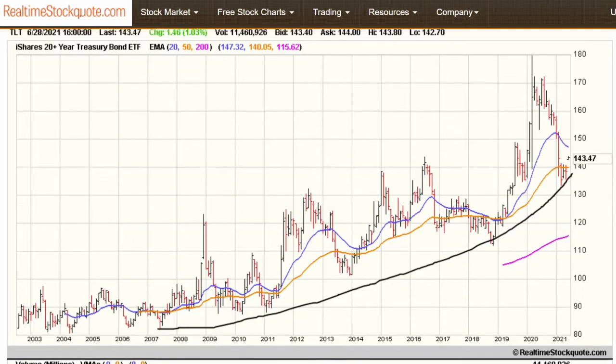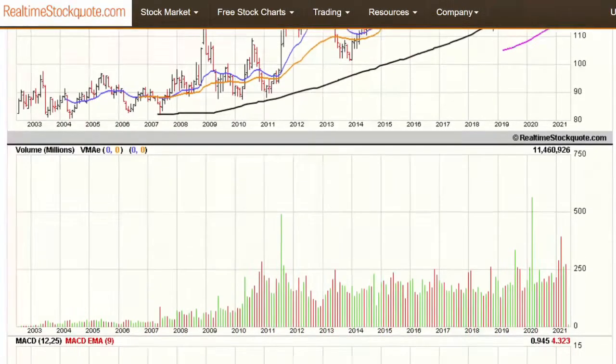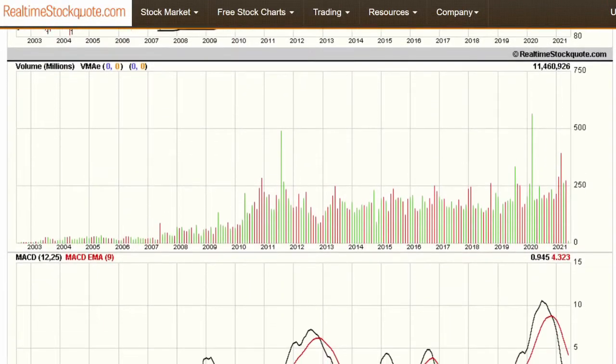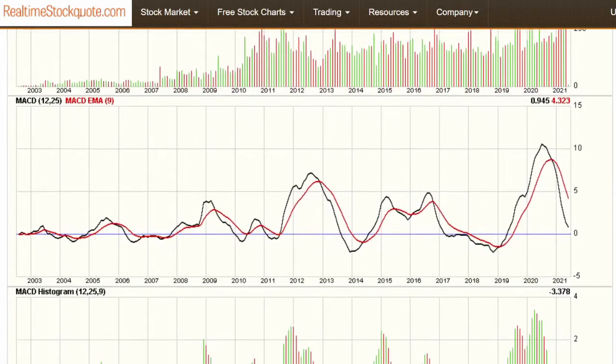Let's go down here into the MACD. Volume looks fine. It's got a pretty good increase going on, so that's good. But into the MACD, you can see the separation between the slow line and the fast line, and that is sort of the inverse of the separation of the 10-year yield of the fast and the slow line too. There's a pretty good separation, which means a lot can happen.